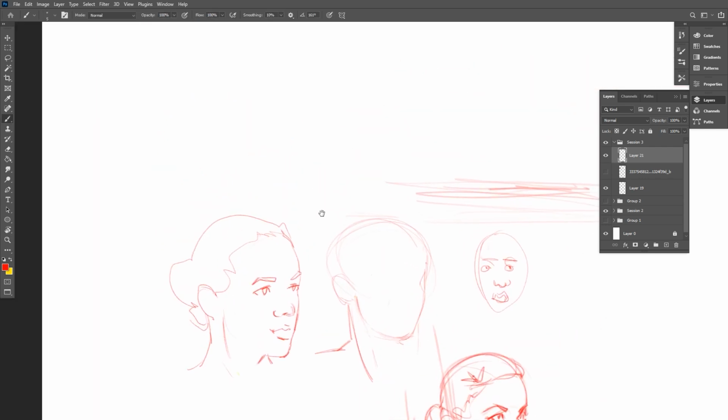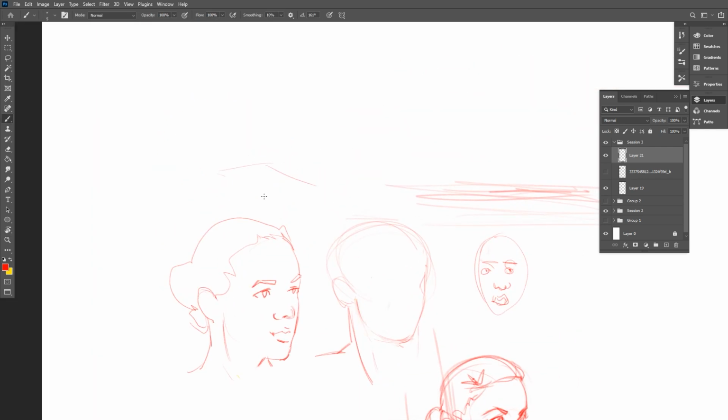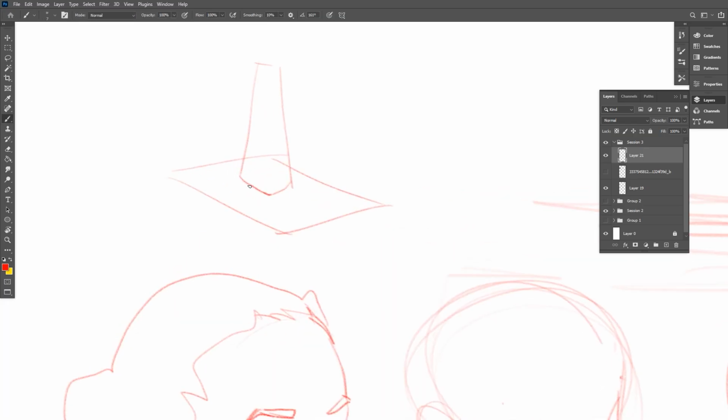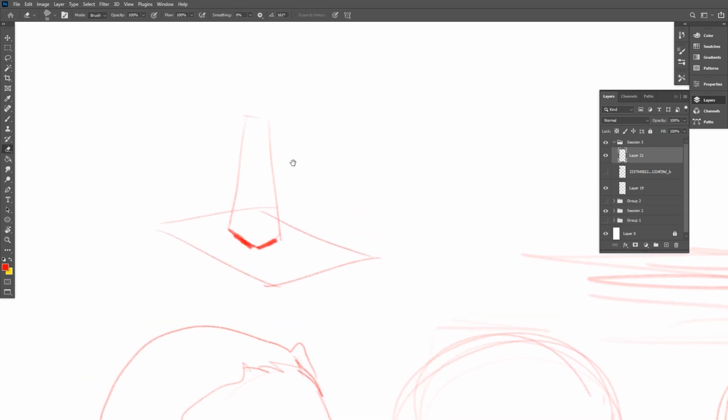And another thing is, let's say there is this object here. The closer it is to the obstruction of light, the thicker the lines will be, and the closer it is to the light, the thinner the lines will be, like this.